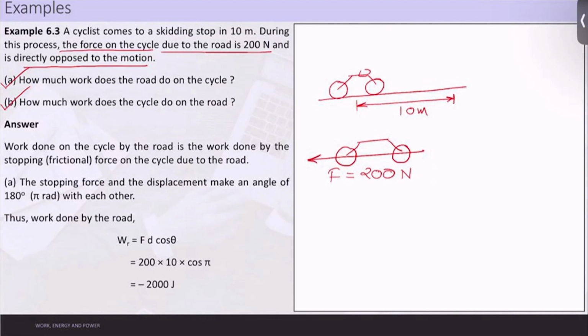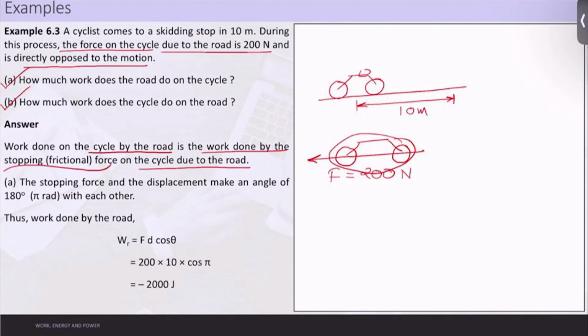So work done on the cycle. Please understand, the work is done on the cycle. Something is being done on this. Who is doing this work? The work is done by the road. It is the work done by the stopping frictional force on the cycle due to the road. It is quite evident the road will only provide you the frictional force, right? The opposing motion is being applied by the road.